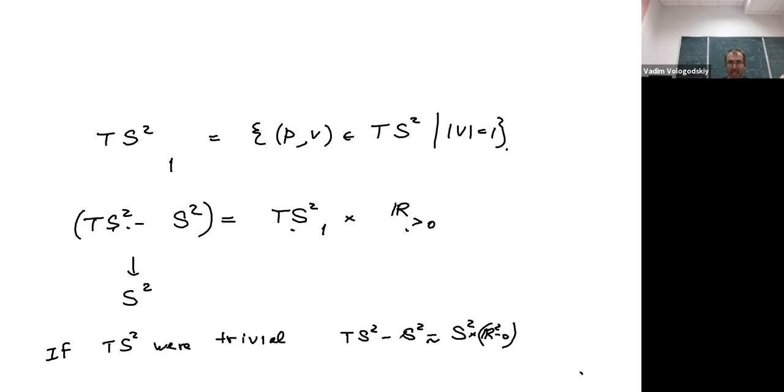We already had the simplest example of a non-trivial rank 1 vector bundle over a circle, whose total space can be thought of as the Möbius band. We observed that if you remove the zero section, you get something connected. Whereas if you take a trivial rank 1 vector bundle and remove the zero section, you just get R minus 0 times your base, definitely disconnected. So a similar idea works here.